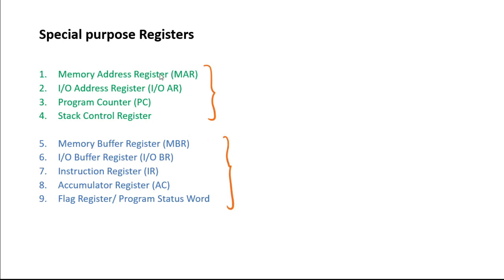The ones which are written in green are actually address registers, whereas the ones which are written in blue are actually data registers.